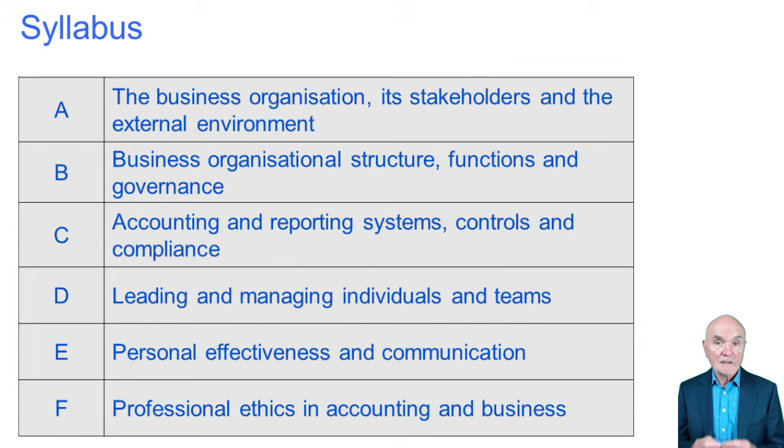If you don't have this factual information, there is no way in which you can sensibly run a business in a proper, efficient way. And the way accounting systems and reporting systems are set up is very, very important to the success or otherwise of a business.